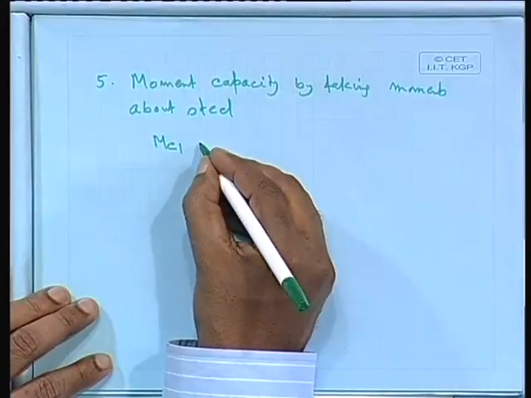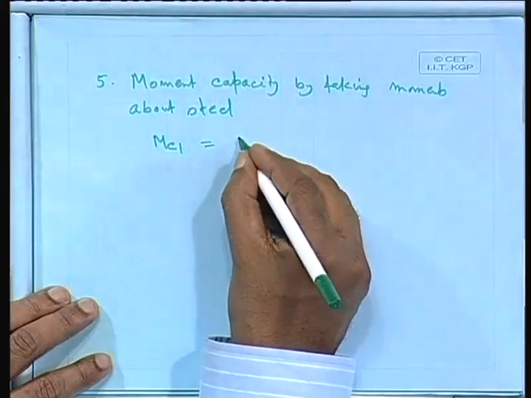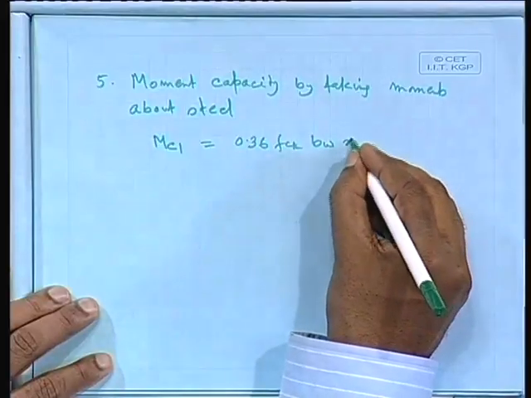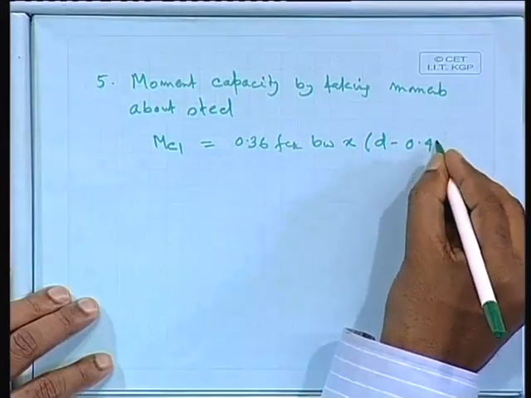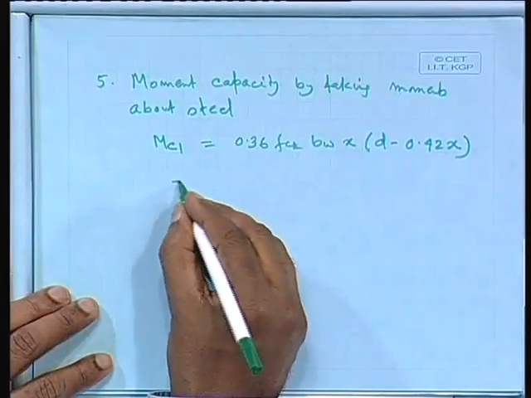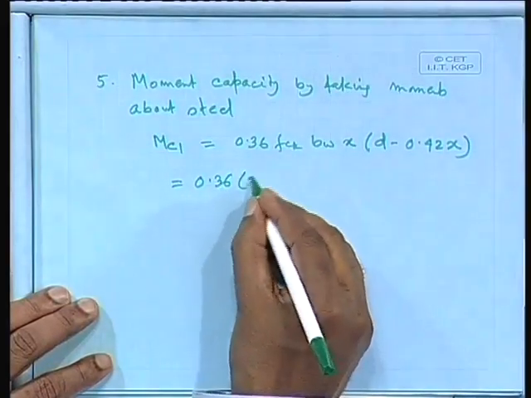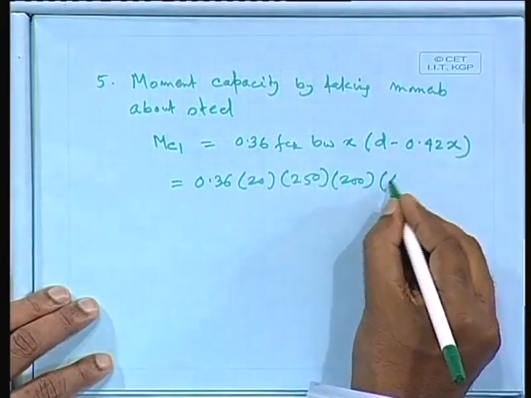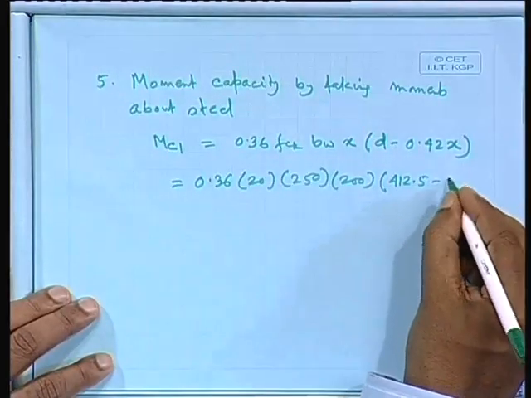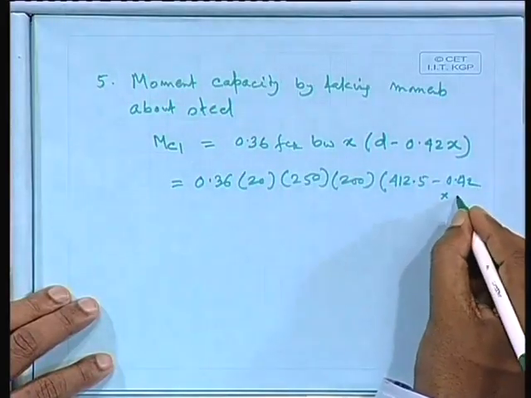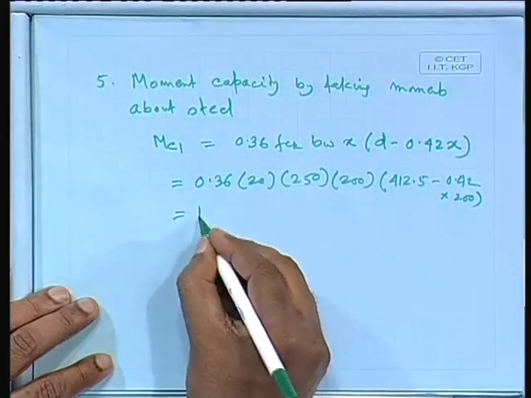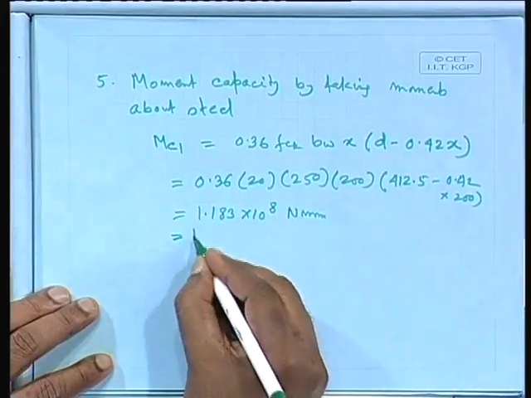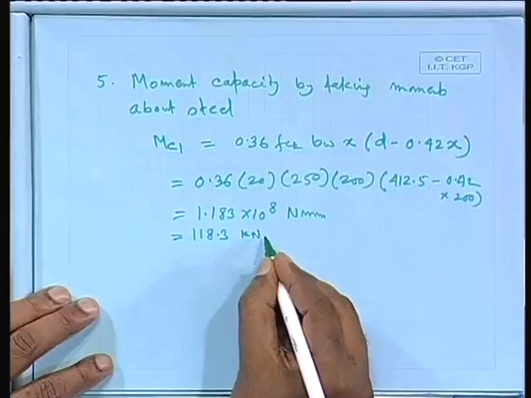MC1 equal to 0.36 FCK BW x times d minus 0.42 x, equal to 0.36 times 20 times 250 times 200 times 412.5 minus 0.42 times 200, equal to 1.183 into 10 to the power 8 Newton millimeter, equal to 118.3 kilonewton meter.